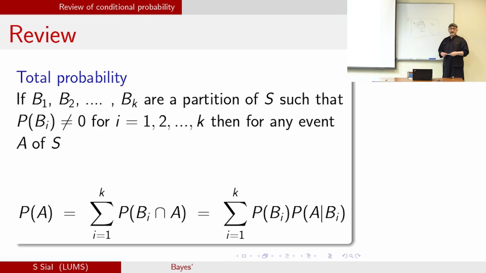You take the probability of A intersected with each one of these partitioning sets. And sometimes that's easier if you choose your BI in a good way. It can make your calculations easier. Okay?